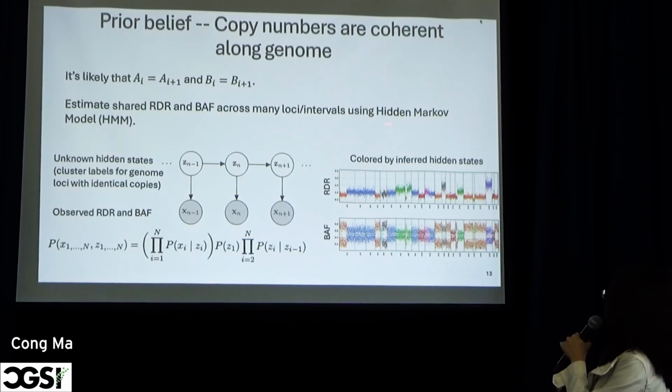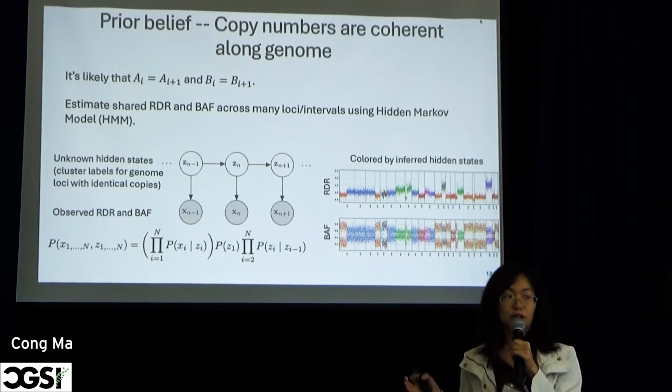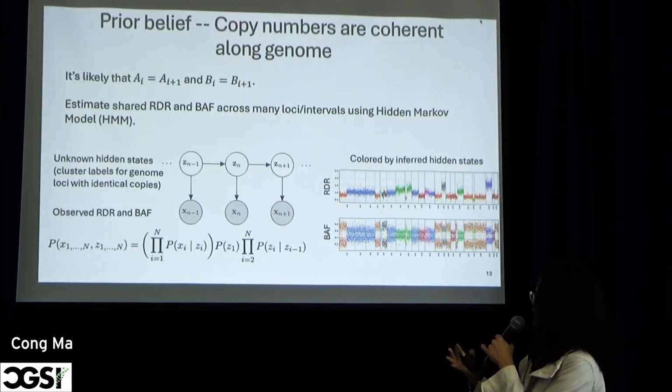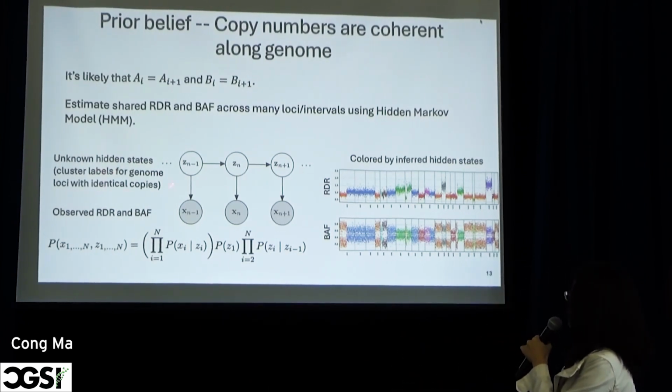a locality-aware clustering using a hidden Markov model, where the hidden Markov model will have a hidden state, and in our case, the hidden state represents the allele-specific copy numbers, or it's a cluster of the genome loci for which the genome loci will have identical copy numbers in each cluster.